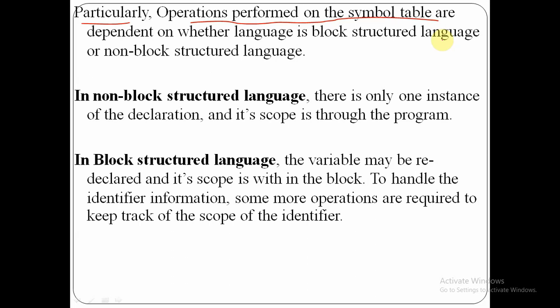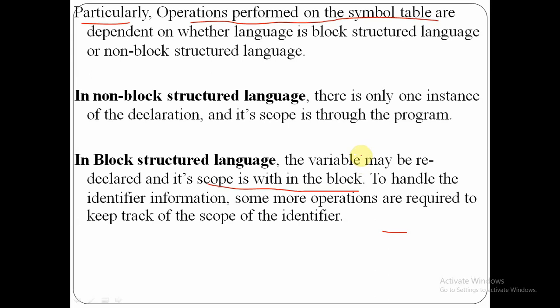Second, in block structured languages, a variable may be declared or redeclared, once as a global and once as a local, and its scope may be within the block or outside the block. To handle the identifiers information, some more operations are required to keep track of the scope of the identifier.